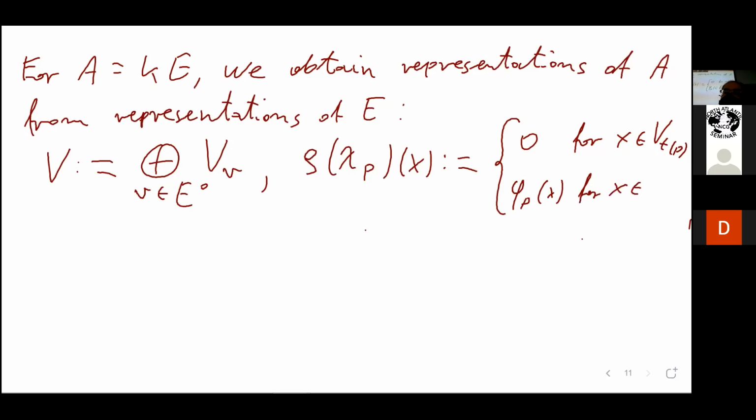Sorry, this is supposed to be 'not'. So if x is in the direct summand of my vector space V which is labeled by the end of the path, then I apply phi of p, which makes sense by the definition we had before.